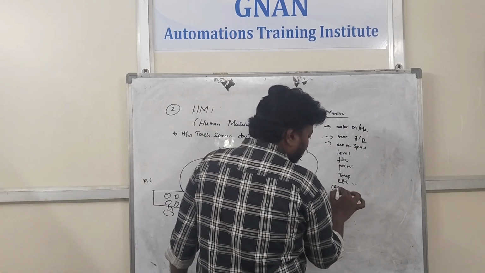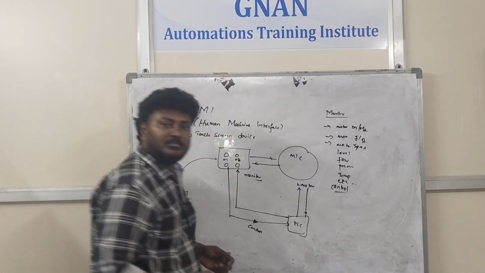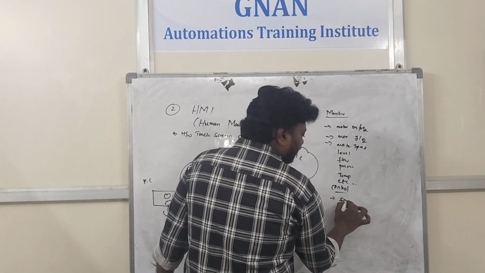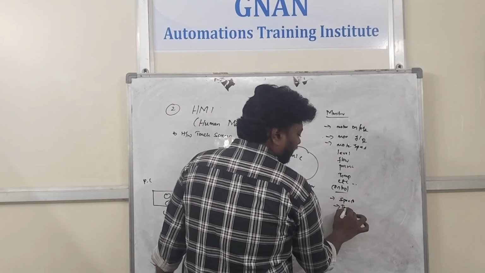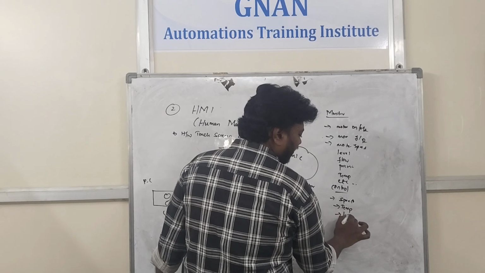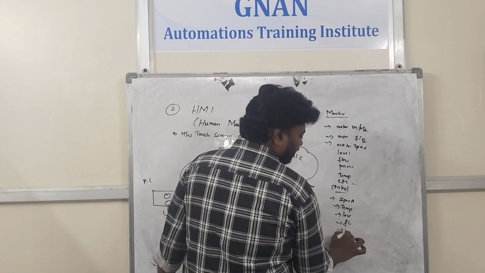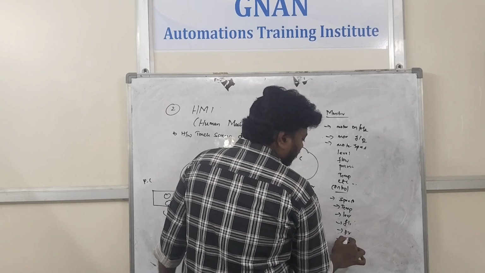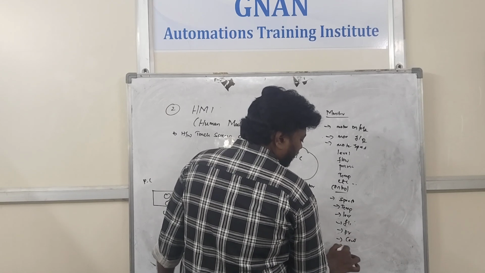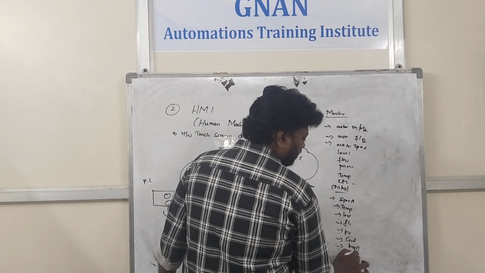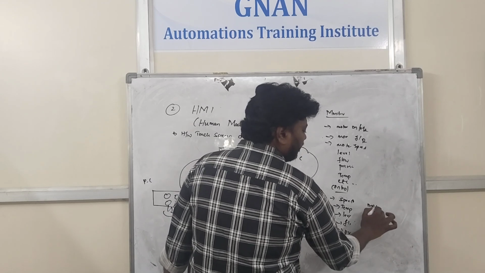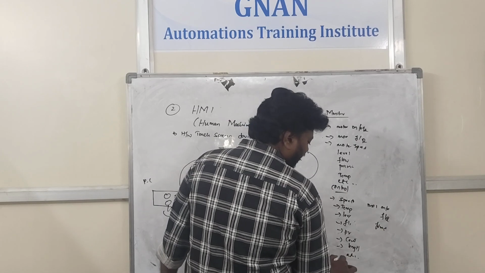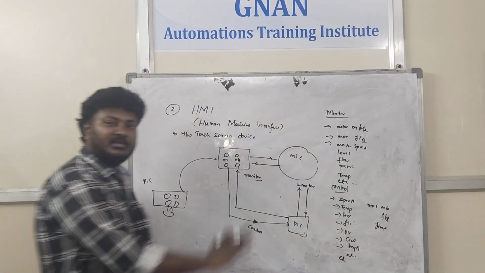What can we control? We can control the speed of the motor, we can control the temperature, the level, flow, pressure, and then we can control the counting also, otherwise bottle sheet lengths, etc. Motor on off, forward reverse, fixed speeds, everything we can control through this HMI.